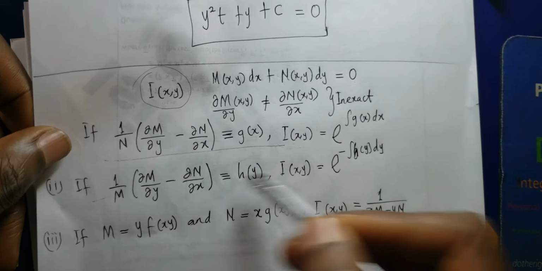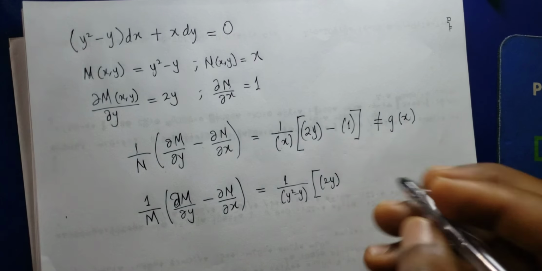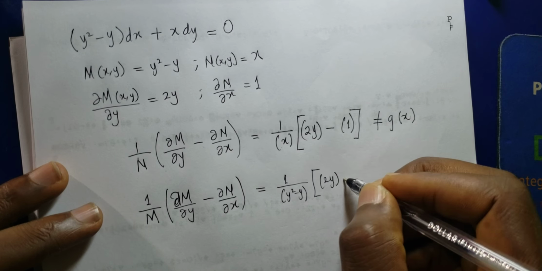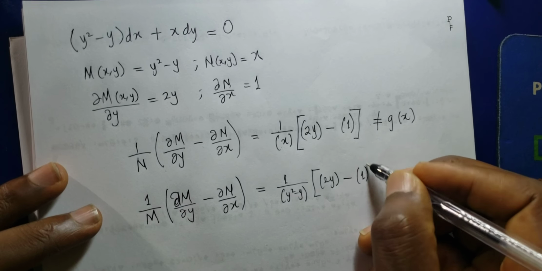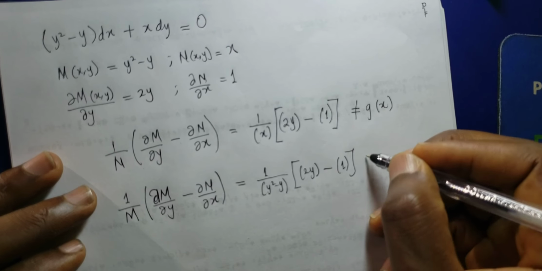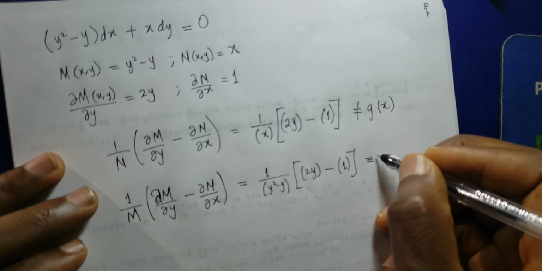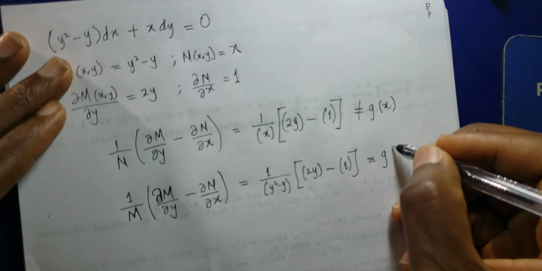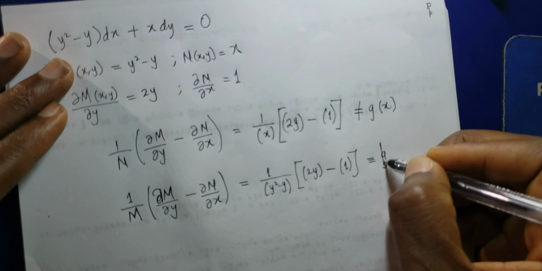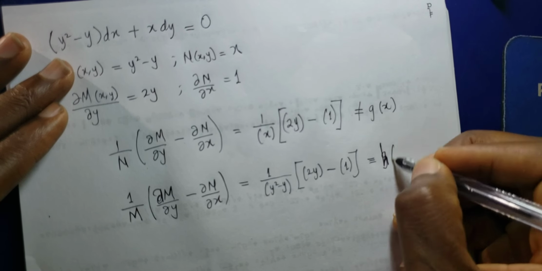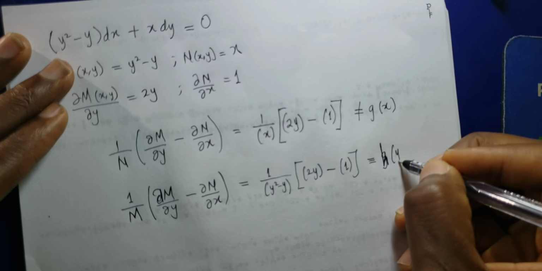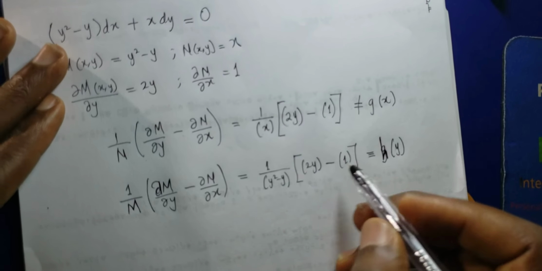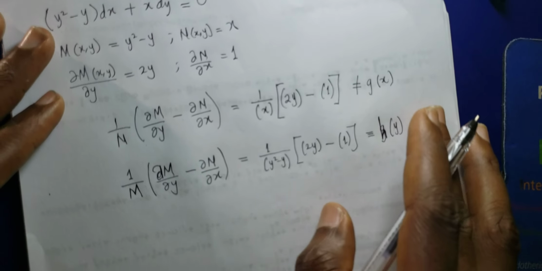I'm checking the second condition here, to see if it satisfies it so that we can make this our integrating factor. Is this going to be a function of x or y only? Obviously it carries only y, x is not there. So this is going to be our h, we call it h, that's just formality anyway, h of y. This is a function that depends only on y, so we are good to go.